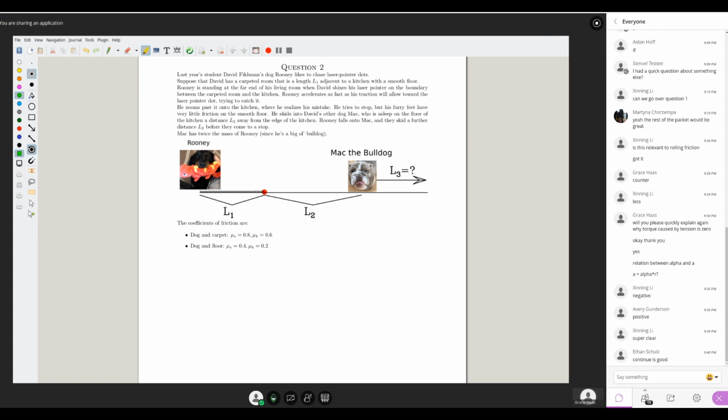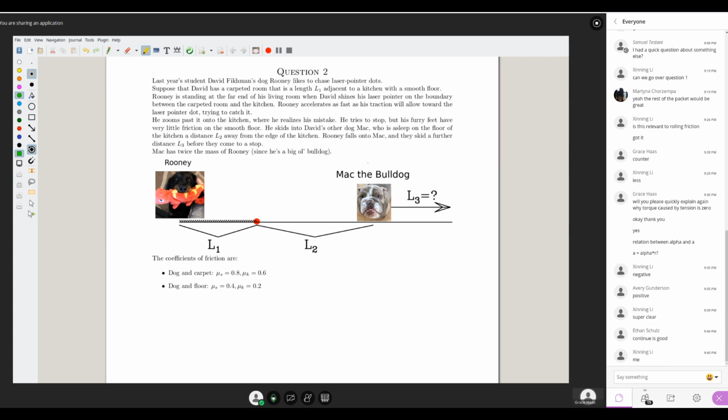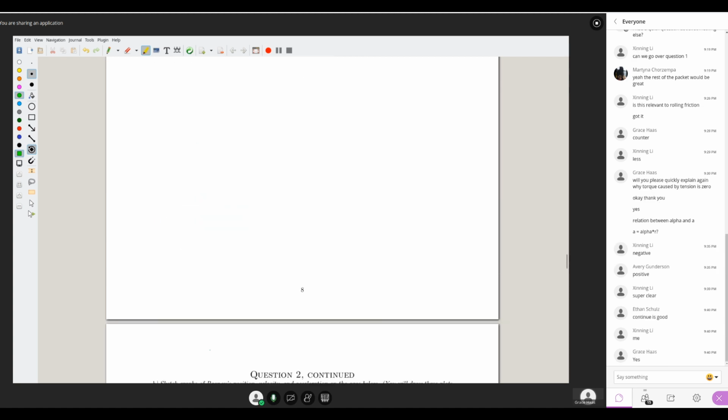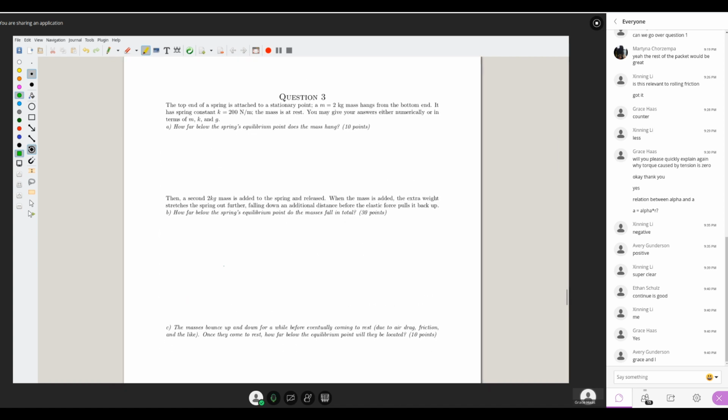I did this problem in the review yesterday, but that's fine. We can do it again. Actually, was there anybody here who was in the review yesterday and has already seen this problem? Because what I can do is do those last. So let's skip this one, and we'll come back to it at the end, because you've already seen this. All right. Yeah, that's right. You and Grace were there, Avery.